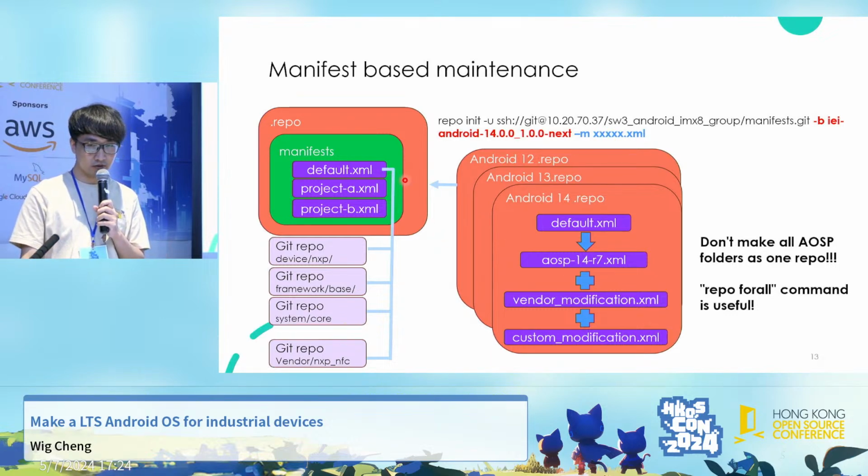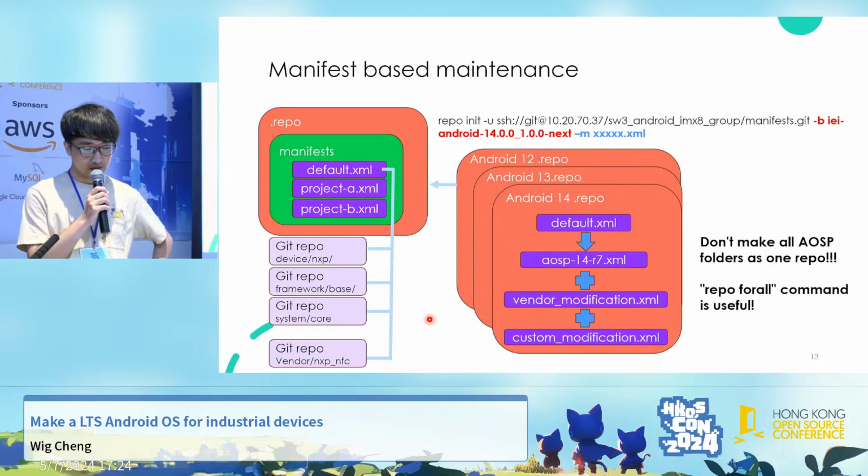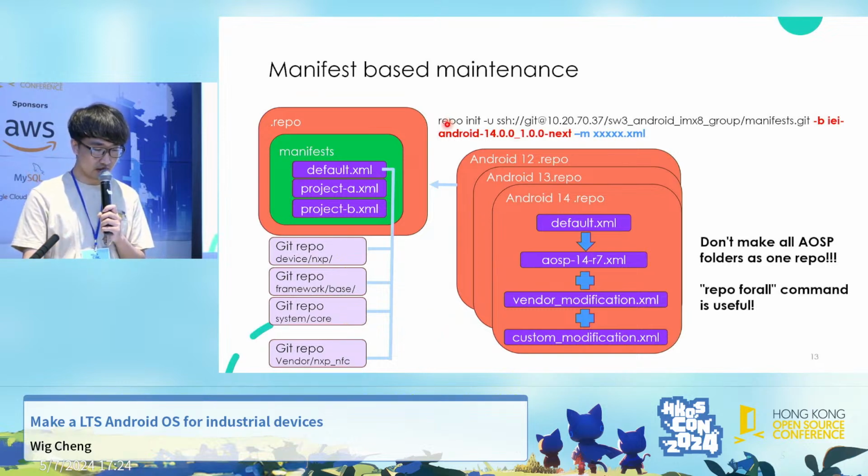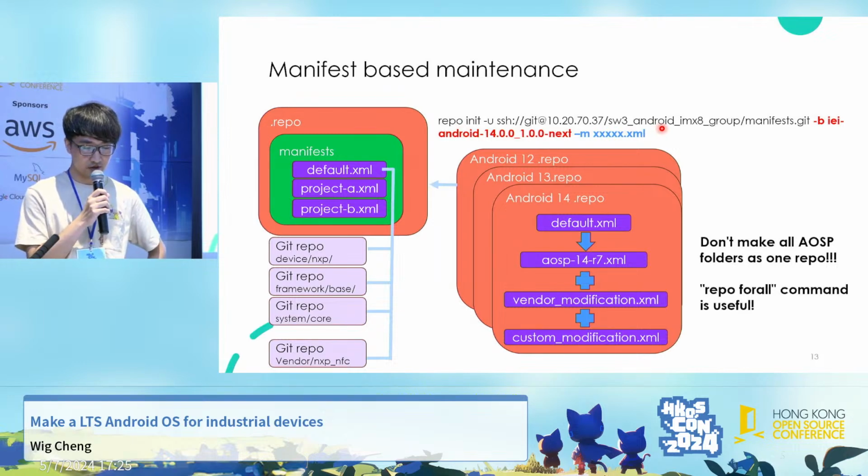And there are over 1,000 repositories inside the XML, for example, the device folder, framework base, system core, or vendor folder. After setting up the manifest structure, you can use the repo init command to download the Android source code with a specific version easily.